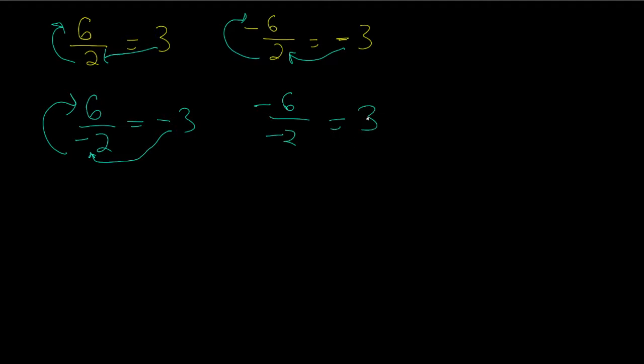If I go backwards, 3 times negative 2 gives me negative 6. And what's happening here is I have the same signs, I get positive. I have different signs in my division, I get negative. I have the same signs in my division, I get positive.